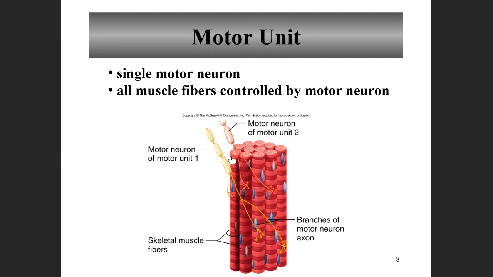Now, if I cause motor unit 1 to fire, you can see that these 3 muscle fibers contract. But if I recruit, if I call upon motor unit number 2, so we call it recruited, now if those 2 fire simultaneously, you have 5 muscle fibers instead of 3.